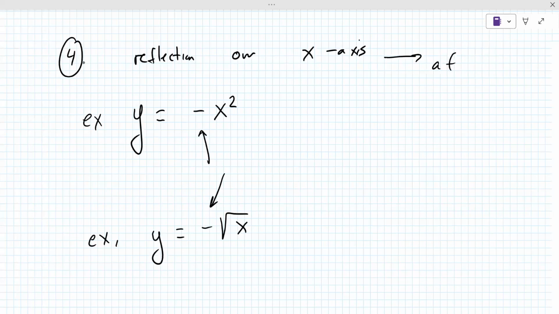Let me just write that down. This affects the y value. That's a reflection over the x-axis.